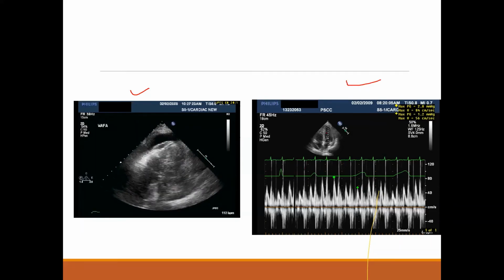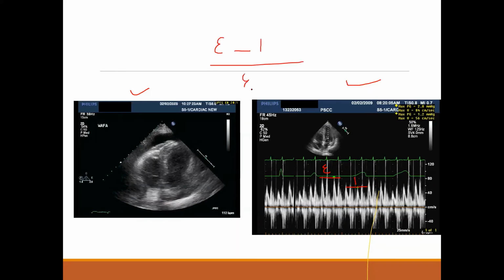Now we are interrogating the mitral inflow, and that's what we get. This one is expiratory, and this one is inspiratory. So how can I see the difference? The difference is expiratory minus inspiratory over expiratory times 100.